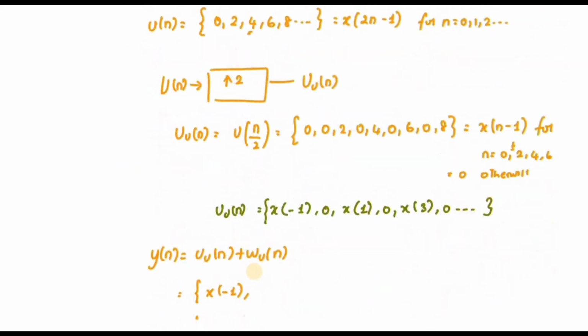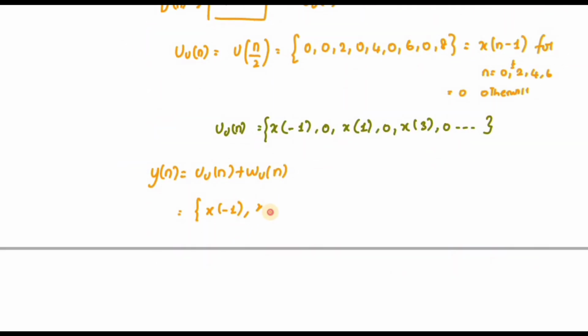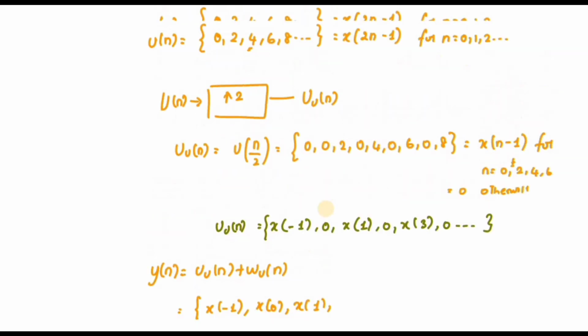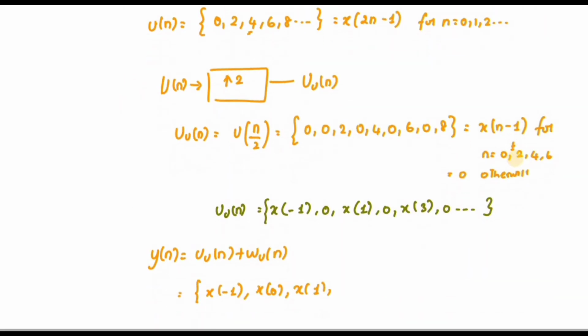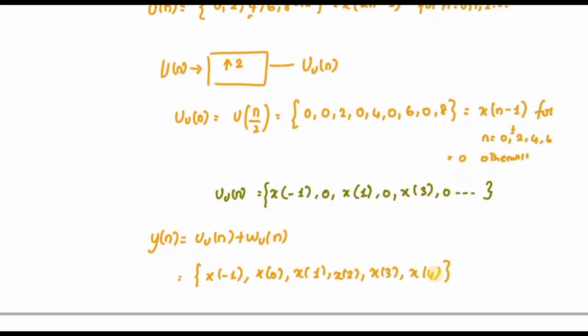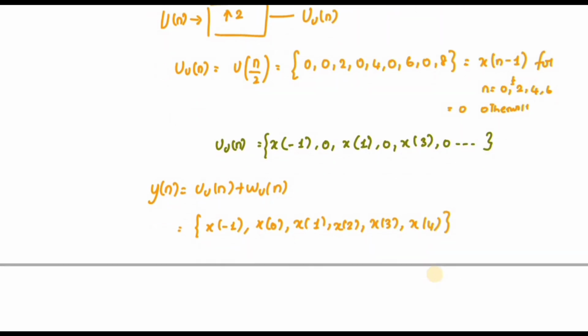If I add, you will get x of 0, x of 1, x of 2, x of 3, and x of 4. So you will get the answer like this, which is nothing but your x of n minus 1.